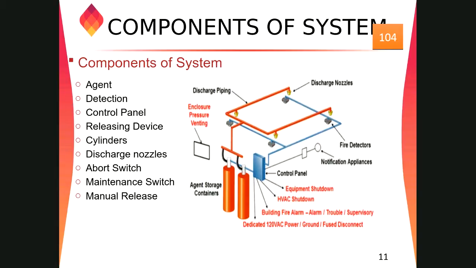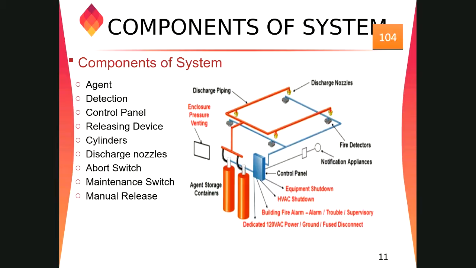So if your room is not designed to withstand those kinds of shock, maybe the physical integrity of those structures will be damaged. So we need the pressure venting device. If the pressure in the room goes higher, it will open for some time and discharge some amount of the pressure, and it will close automatically.